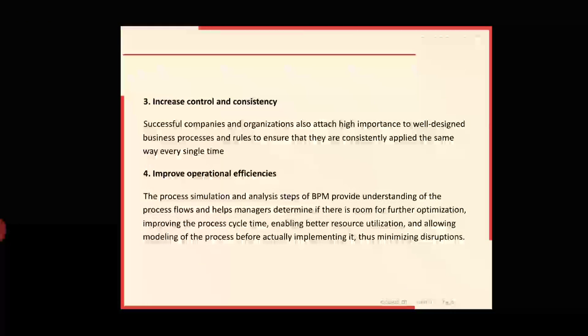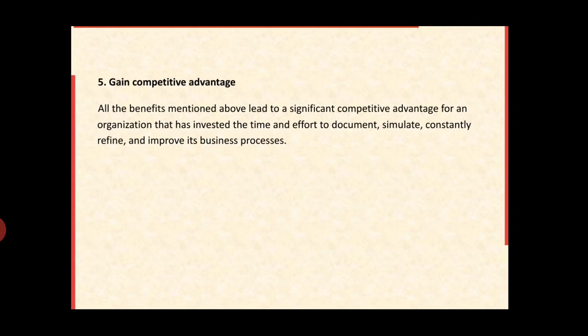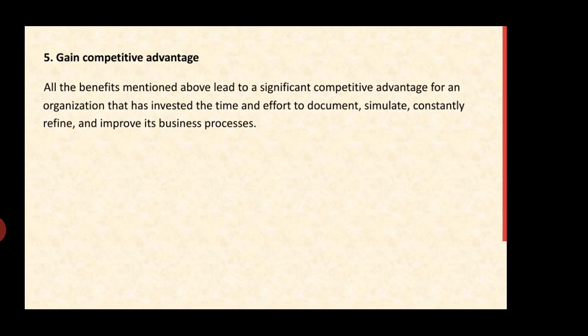Now we can see the last advantage of business process modeling, that is nothing but gaining competitive advantage. What do you have to say about competitive advantage? Competitive advantage is a condition or circumstance that puts a company in a favorable or superior business position.